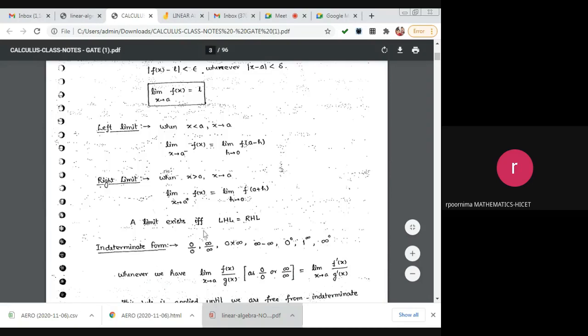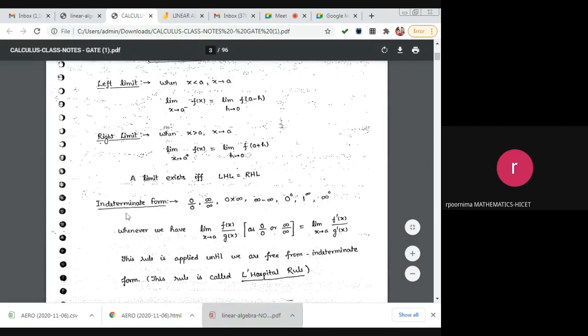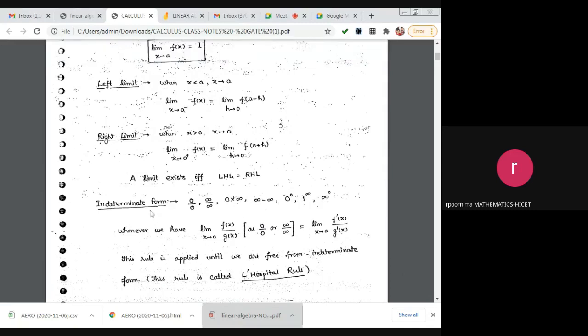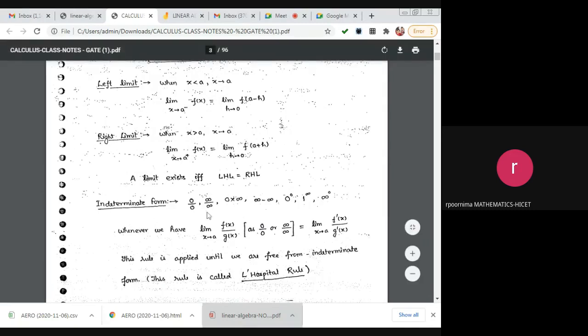A limit exists if and only if the left hand limit equals the right hand limit. Indeterminate forms: 0 by 0, infinity by infinity, 0 into infinity, infinity minus infinity, 0 to the power 0, 1 to the power infinity, and infinity to the power 0. These are all the indeterminate forms.